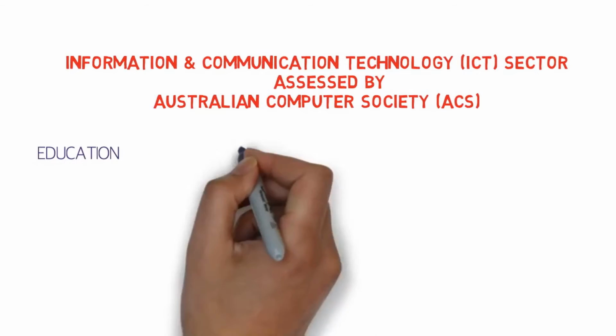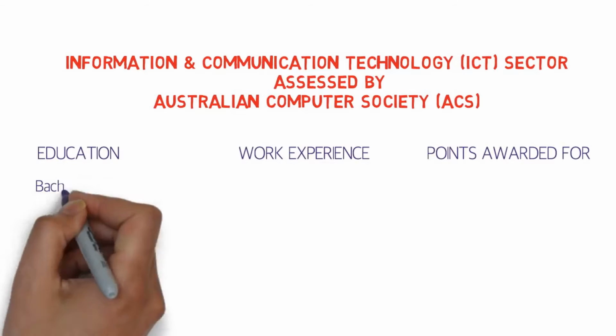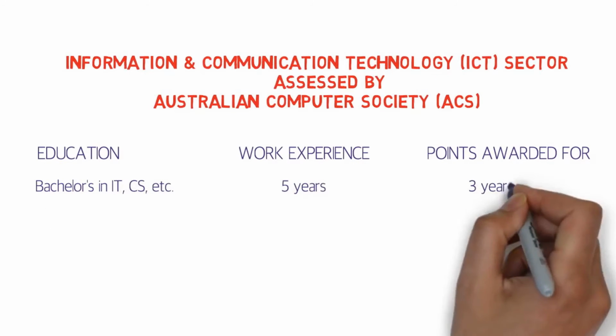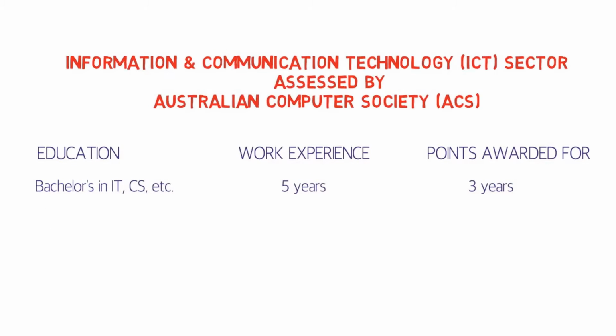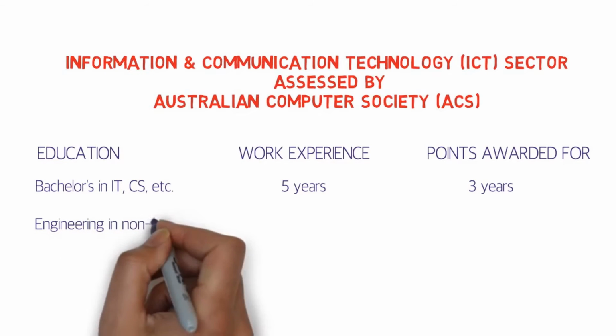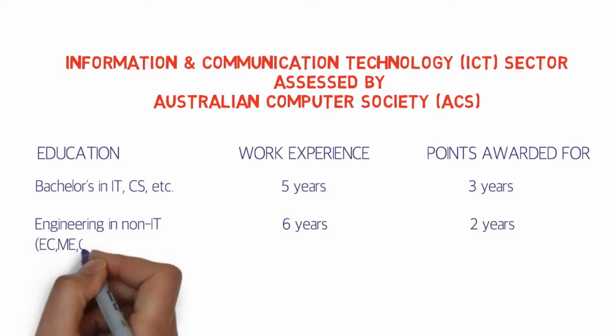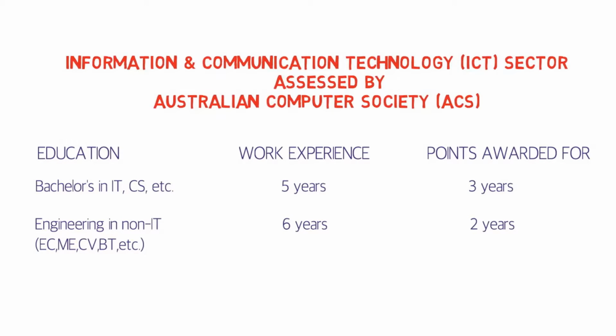It goes like this. Let's suppose you did your bachelor's in IT or CS and you had a work experience of 5 years. In that case, ACS would deduct 2 years, and you would be given points only for 3 years. If you worked for, let's say, 6 years, but your engineering was in a non-IT field, in that case 4 years of your work experience would be deducted, and you'd be given only 2 years.